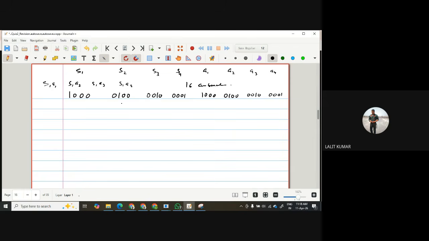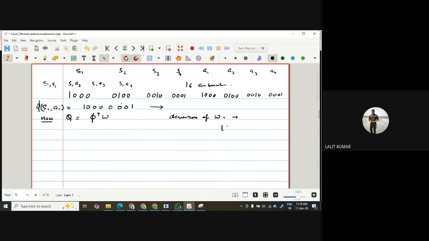Now all these 16 combinations can be written; for example, S1A1 phi is equal to 1000 0001? Okay, this is phi. Now I know Q is equal to phi transpose W. So what will be the dimension of W? 8. Yes, very nice.